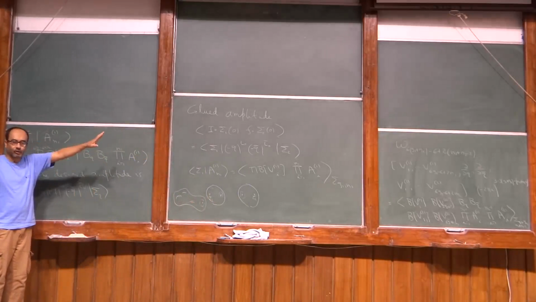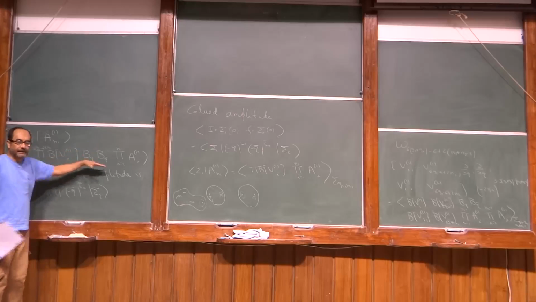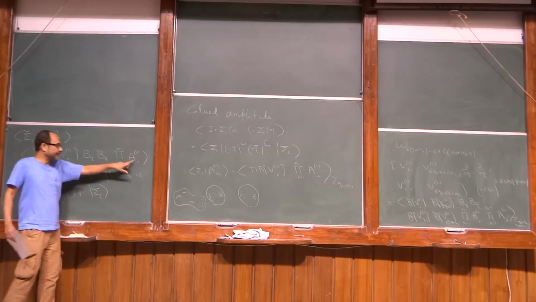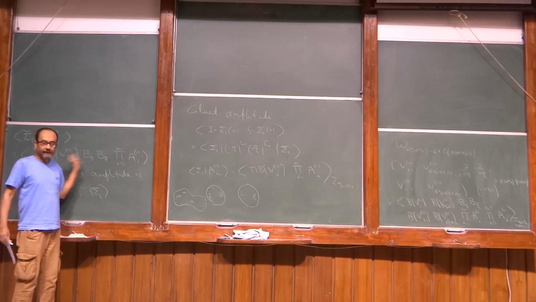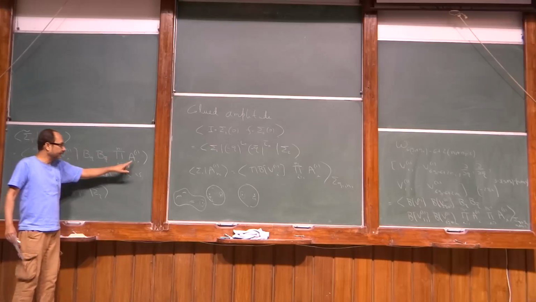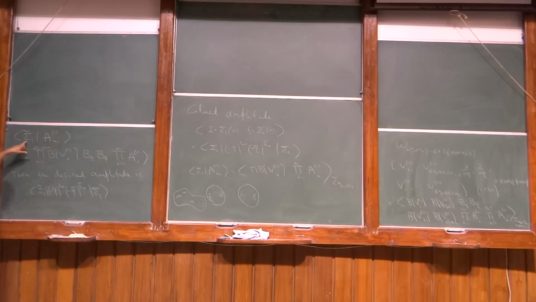If I didn't know anything about those, I could have still defined this by choosing some particular operators here, as long as it involves an a1 n1 insertion in some specific coordinate system. This is well defined, and you can then strip off this a1 n1 to define a state sigma 1. That's all we need for this construct.